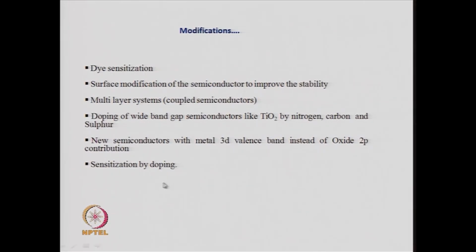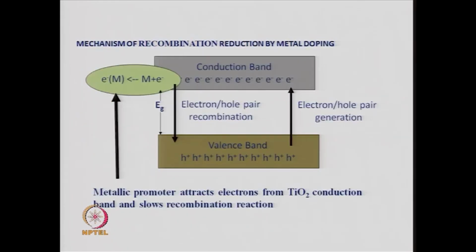Normally, the band gap will decrease when you change an oxide to a sulfide. You can also sensitize the photocatalyst by doping. So, several modifications one can do, and some of these lead to very high enhancement in the photocatalytic efficiency of splitting of water.